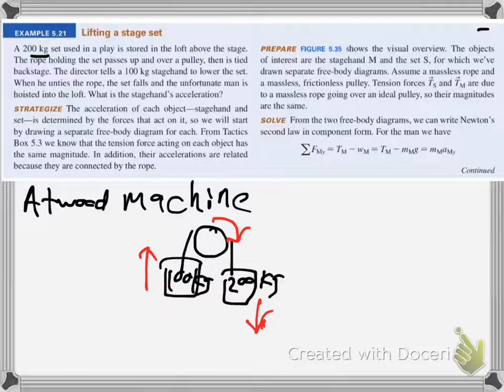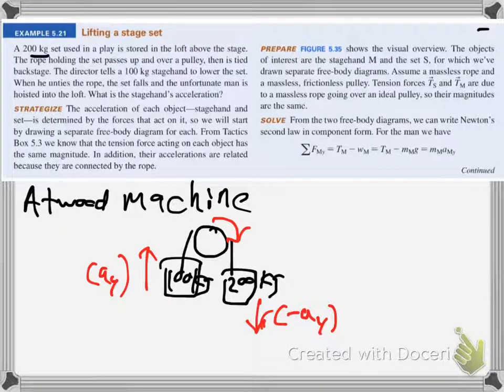This is maybe the only time where this can get a little tricky: remember that this is accelerating downwards and this is accelerating upwards. The magnitude of those two accelerations will be the same, but they're just in opposite directions. So I'm going to be consistent throughout the entire year and use a negative value for down and a positive value for upwards.